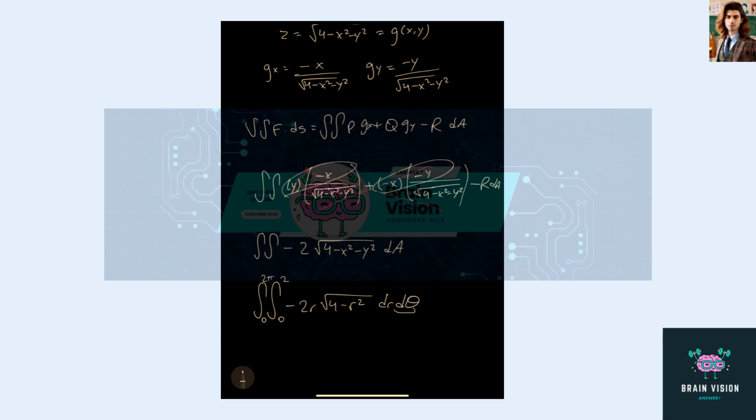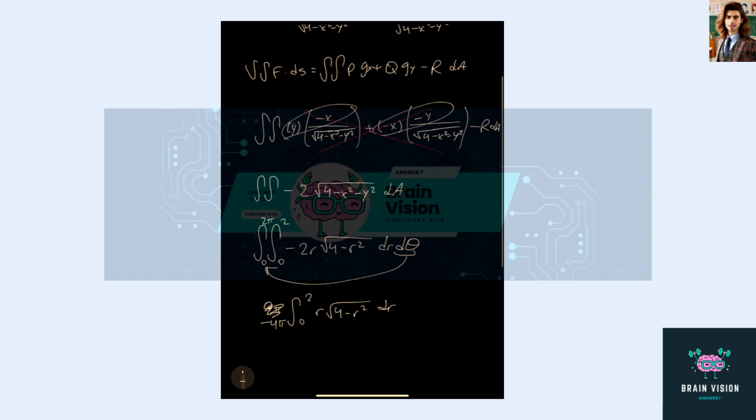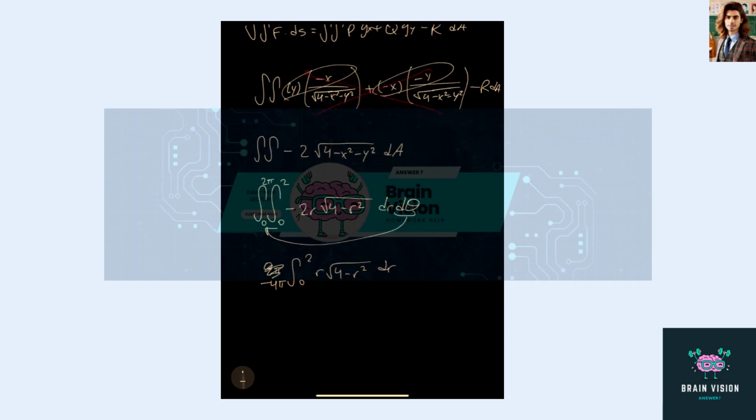For the d theta, there's no theta involved in the integral, so we'll just get a 2 pi times this integral right here. And in fact, we can even move out the negative 2, so now we have a negative 4 pi times the integral of r root 4 minus r squared dr. Using the substitution method would be best, and what we're going to end up getting as a result is 8 over 3.